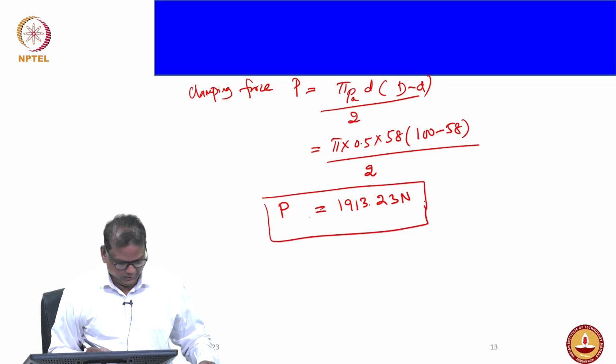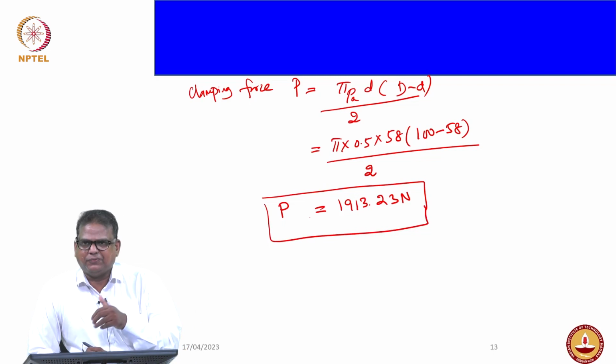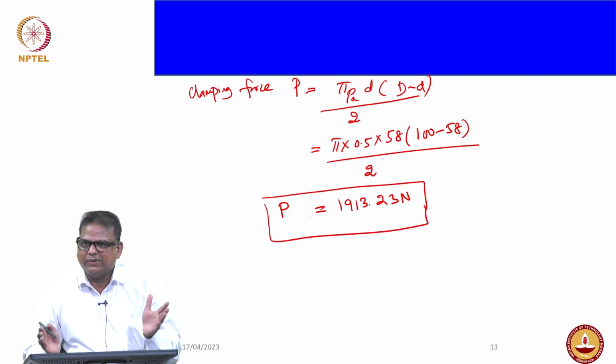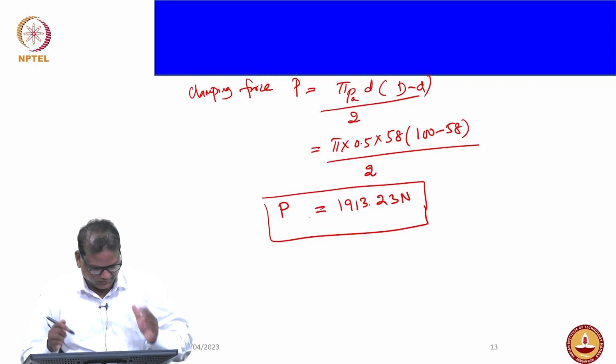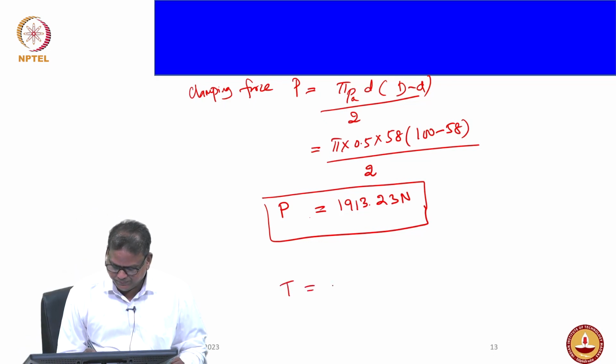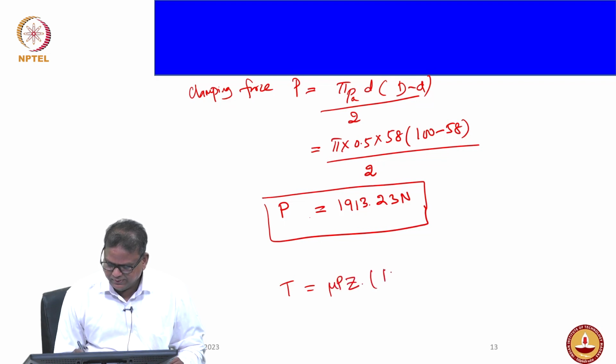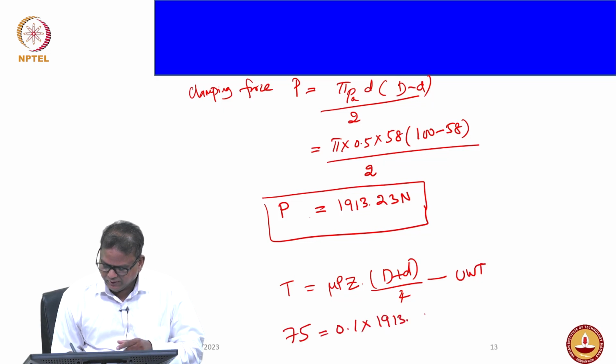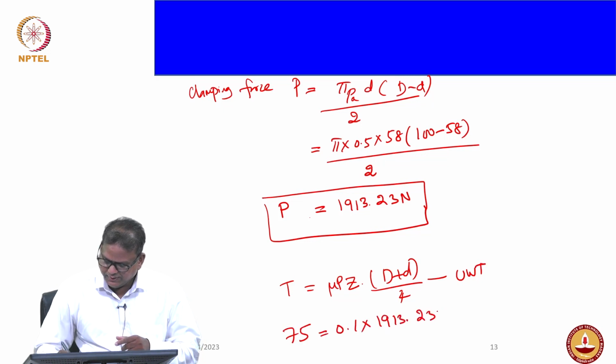Now ultimately we have to find the number of surfaces, the number of pairs, for transmitting 75 Newton meter torque. T equal to mu P Z times (D plus d) by 4, based on uniform wear theory. T is 75 Newton meter, mu is 0.1, P is 1913.23, and Z we have to find.